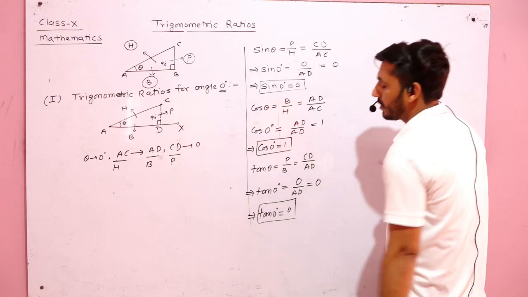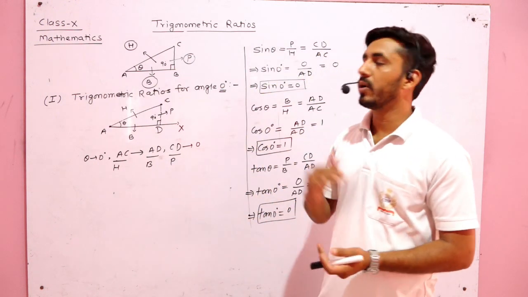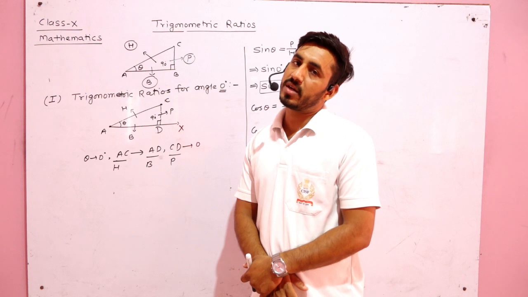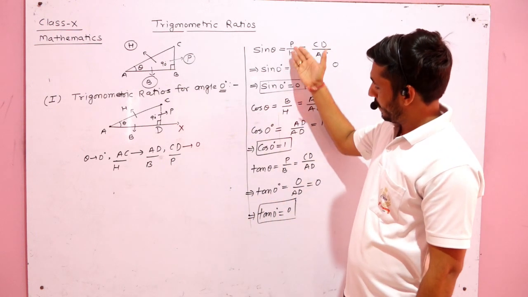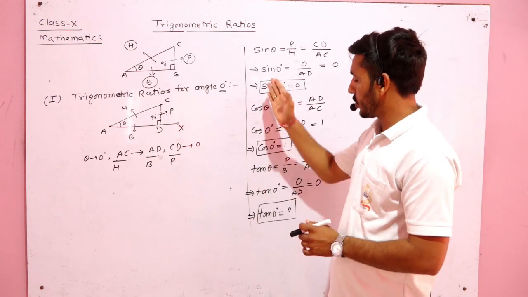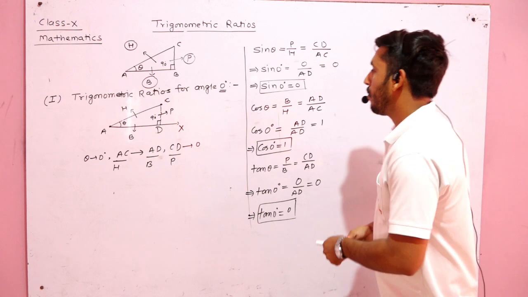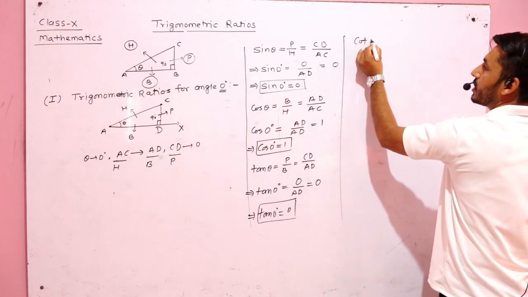Okay, I have got all three trigonometric ratios. The remaining trigonometric ratios can be obtained in terms of these three. How? First, I have to find the value of cot 0 degree.